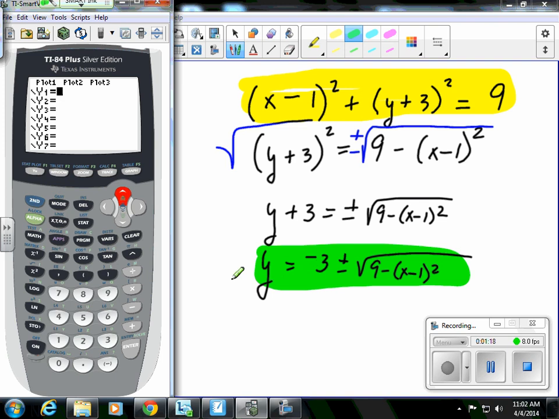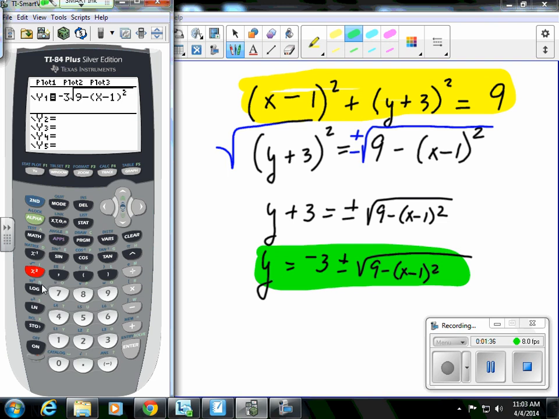So I'm going to put in -3, second, square root, 9 minus (x minus 1), close that parenthesis, and square.